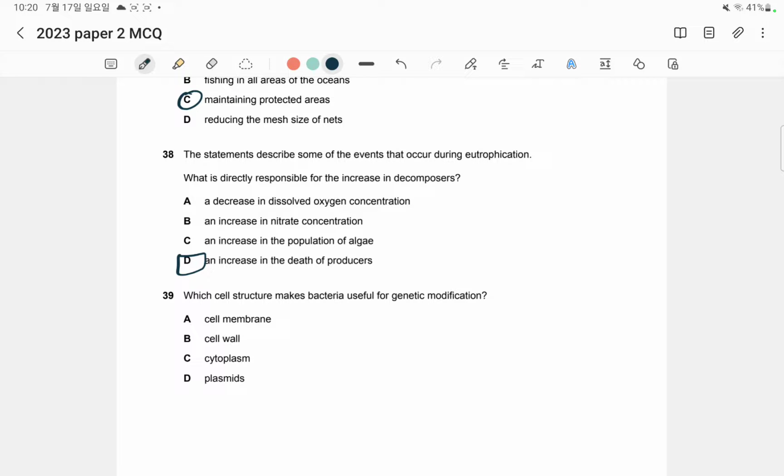Because it's asking us what is responsible for the increase in decomposers. Now for eutrophication, it occurs when minerals get spilled into lakes and rivers, and algae grow rapidly and they block the sunlight.